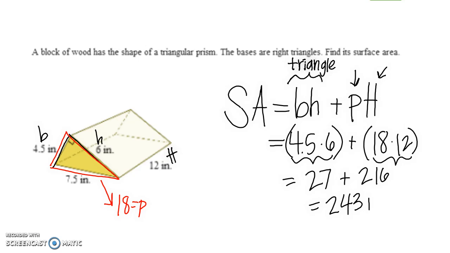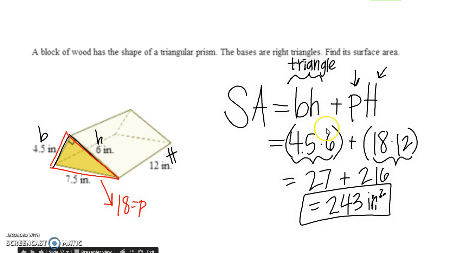What are my units? Inches squared. Okay? If you have a question about this process, hit pause, raise your hand, ask me a question. I'm happy to help you. Surface area can be tricky, so please make sure you understand what the formula is and how to use it.